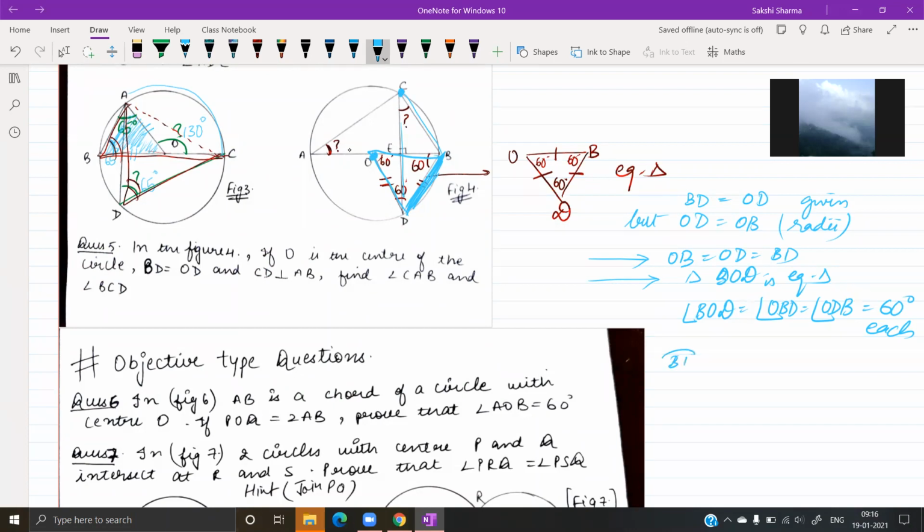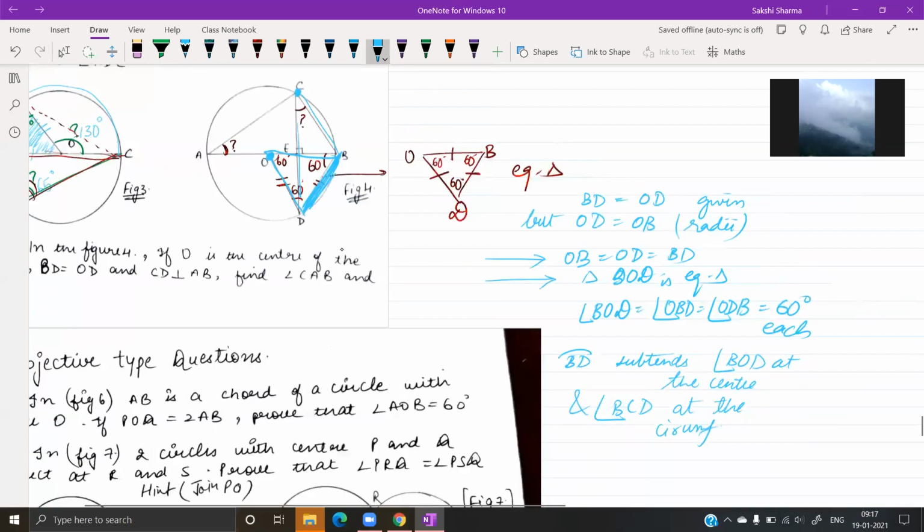You can write down arc BD subtends angle BOD at the center and it subtends angle BCD at the circumference. So here you can apply the degree measure theorem. The central angle will be equal to twice the angle at the circumference.